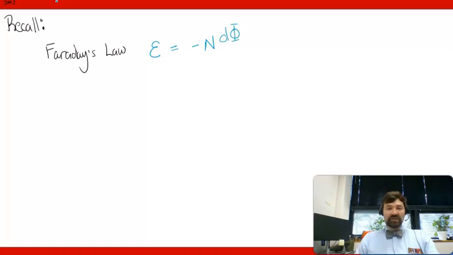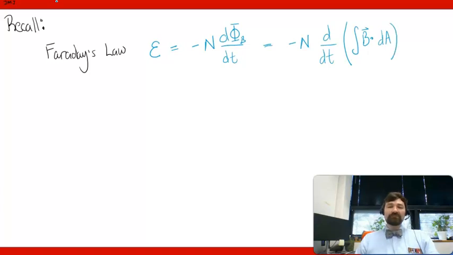So we can write that as epsilon equals negative d phi sub B by dt, or in its more explicit form, negative N times d by dt, the time derivative of the integral of the magnetic field dotted with the area vector. Okay, so that's Faraday's law.